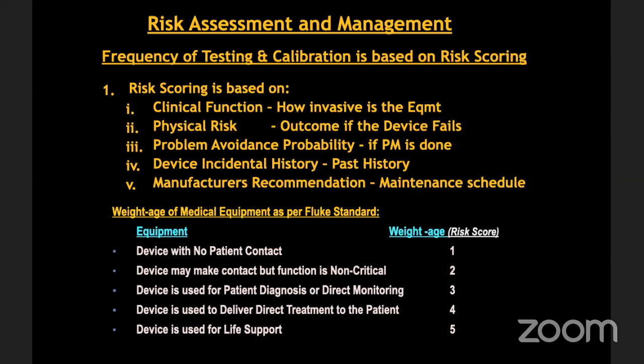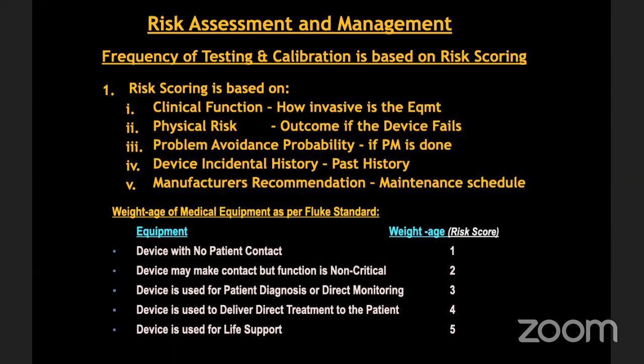Physical risk: what will be the outcome if the equipment fails? Nothing happens, or something happens, or the patient's stay in the hospital is delayed a few more days, or the patient is crippled for life, or immediate death. These are all the scorings, which we are going to see in the next slide. Problem avoidance probability: what is the chance of failure of the equipment if preventive maintenance was done?